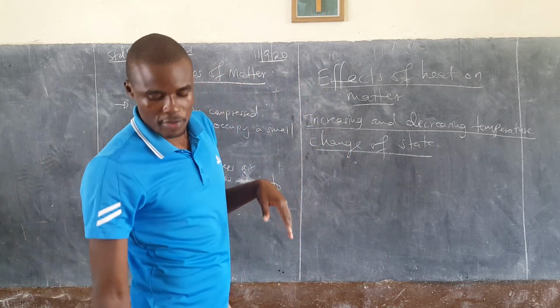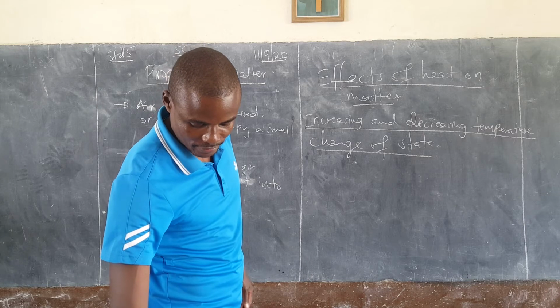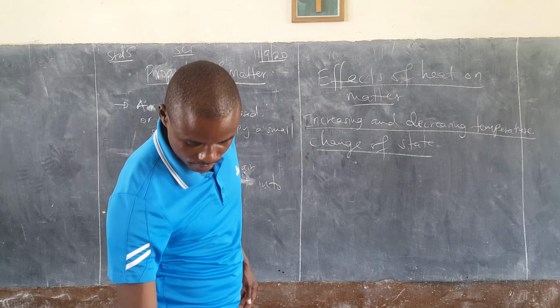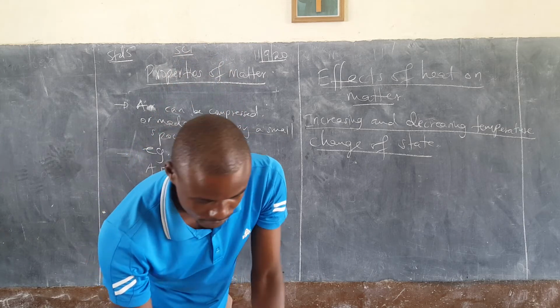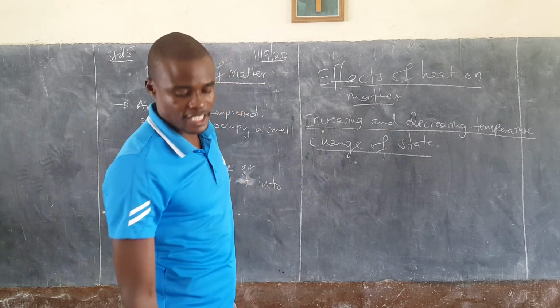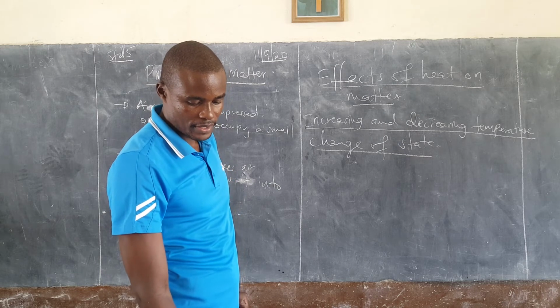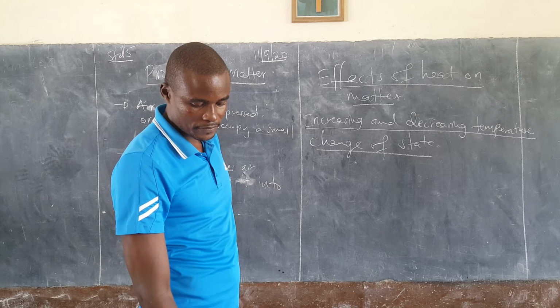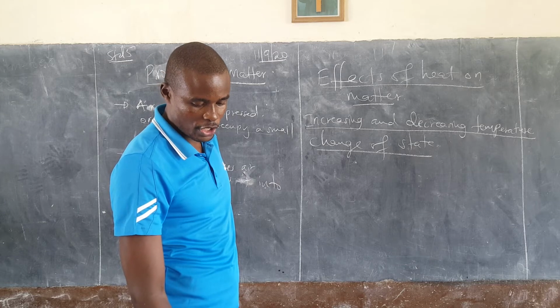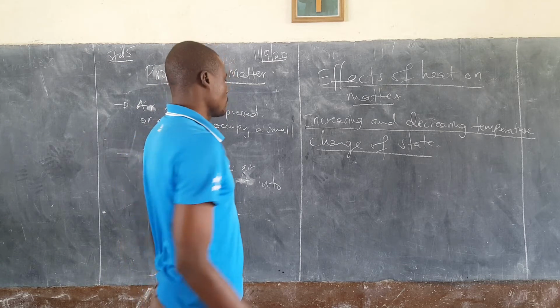When we add temperature or when we decrease, what happens? When we increase or decrease temperature of any of the three states of matter, it can make them change. Like a solid can change into a liquid, and a liquid can change into a gas. That is the issue here.